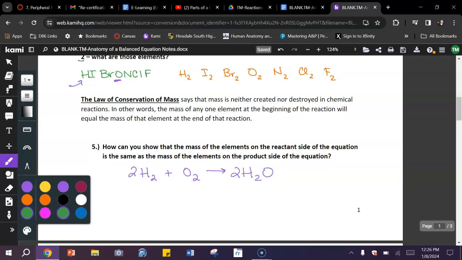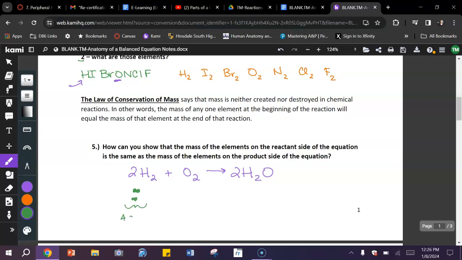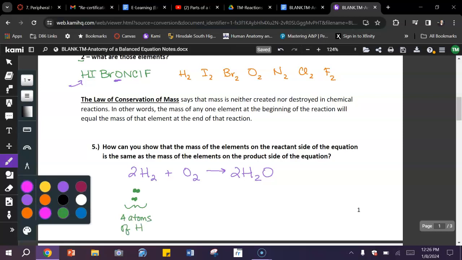So if we take a look at this, you can see that I have 2 molecules of H2. So I'm going to draw an H2 molecule here, but I have 2 of them, which means that I have 4 atoms of hydrogen to start with.